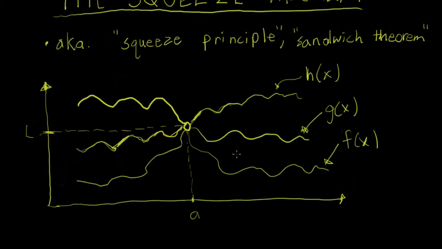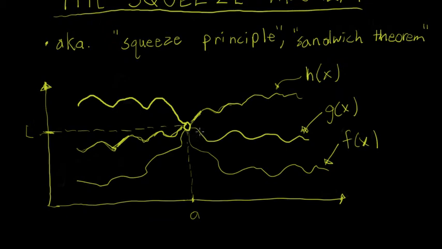And you can see here that near x equals a, g of x is greater than or equal to f of x, but it's less than or equal to h of x. And as x approaches a, both f of x and h of x approach this limit L. So g of x, this theorem says g of x must approach L as well.